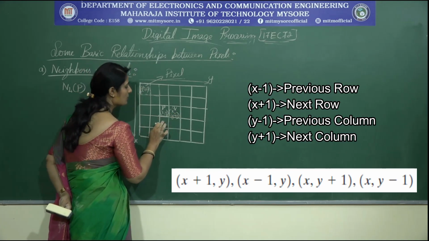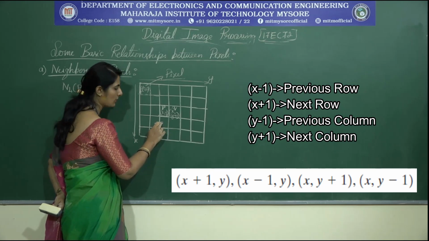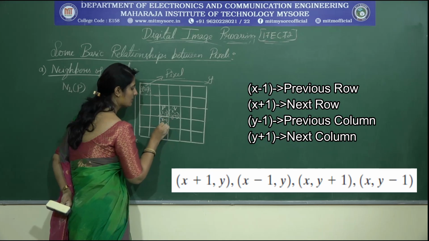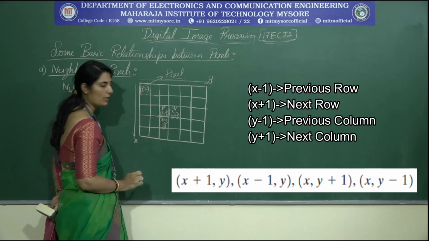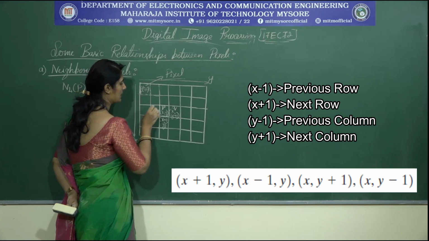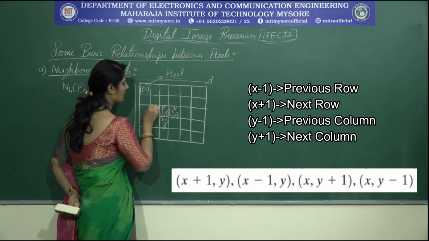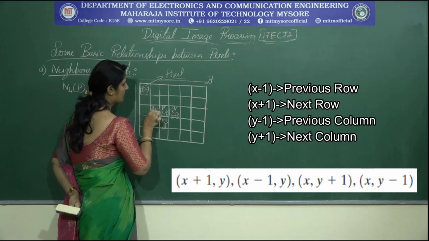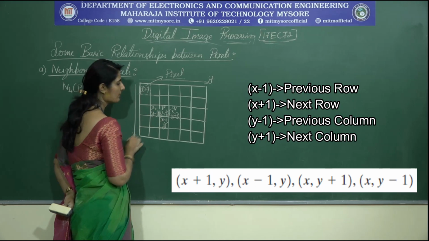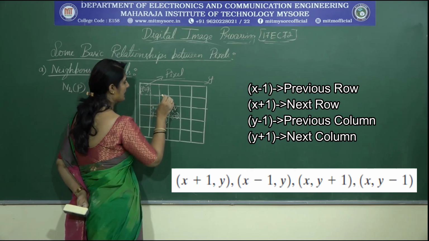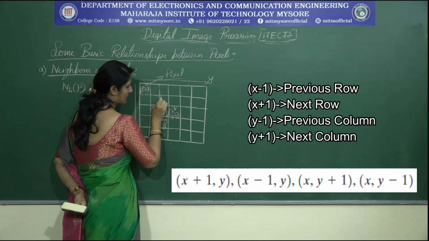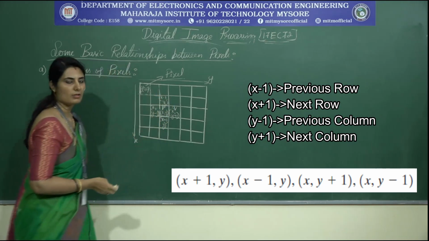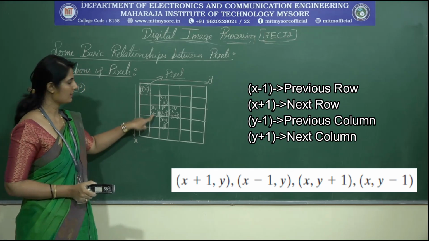The location of this pixel is x plus 1 and same column y. The location of this pixel is x, same row, and y minus 1, and this pixel is x minus 1 and same column. This is how we represent the pixels.